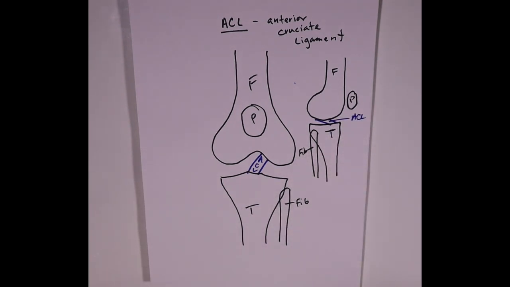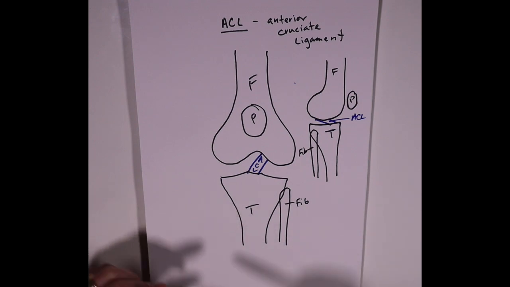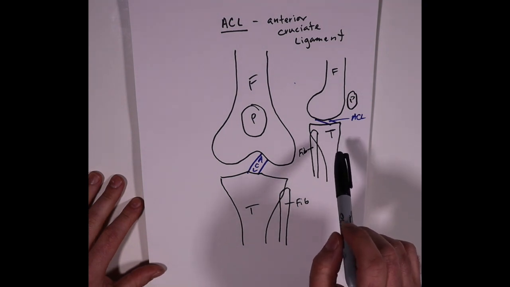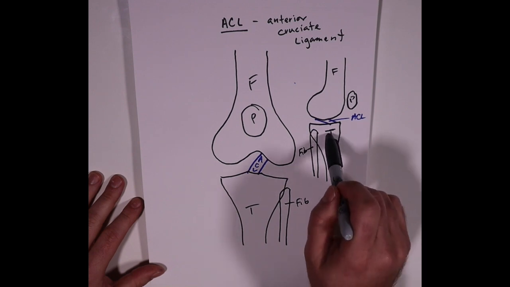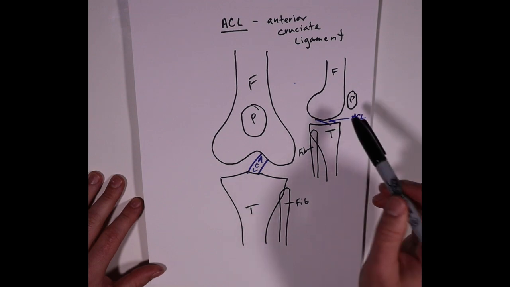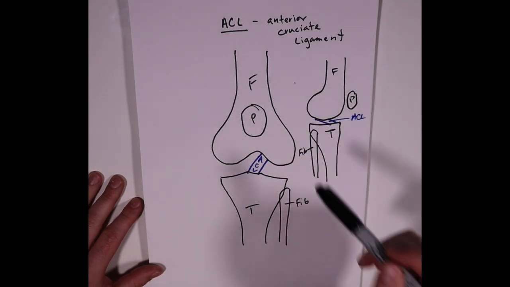So just looking at the configuration and path of the ACL, you can deduce that its function is going to be limiting how much the tibia can go forward or anteriorly, or vice versa, how much the femur can go back posteriorly.